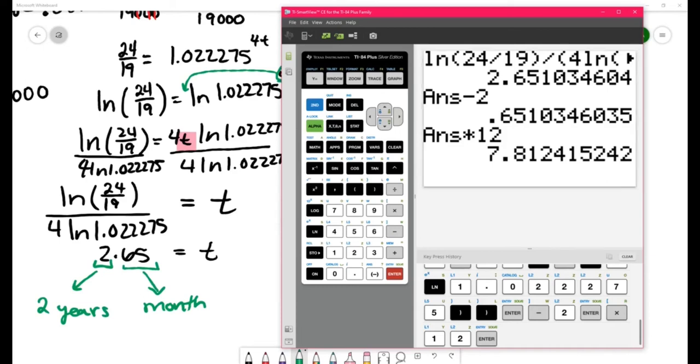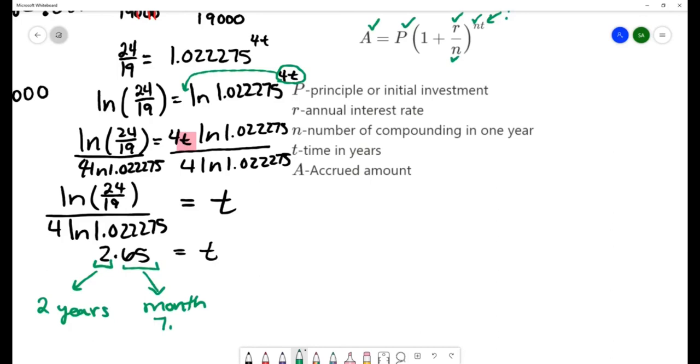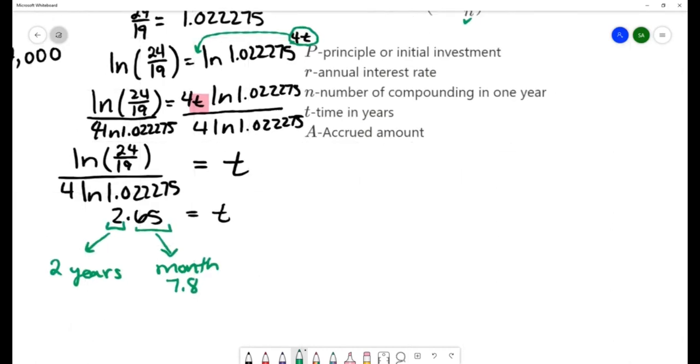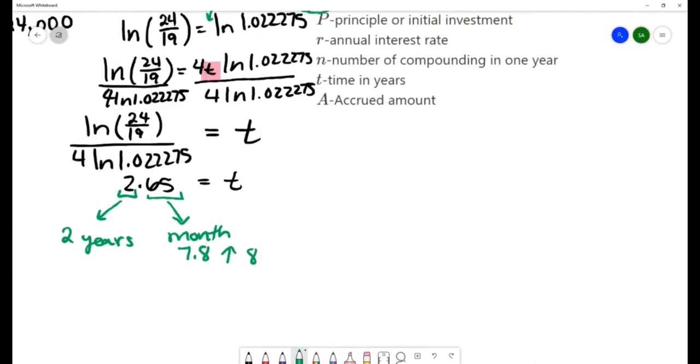So I've got 7.8 months, which I'm going to round up to 8 months. We have 2 years and 8 months is how long it takes for $19,000 to grow to be $24,000.